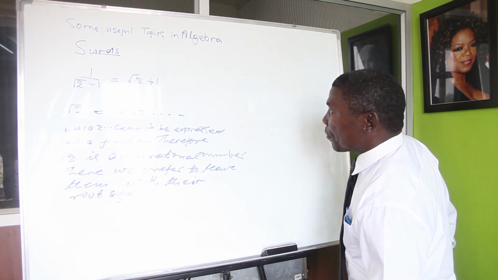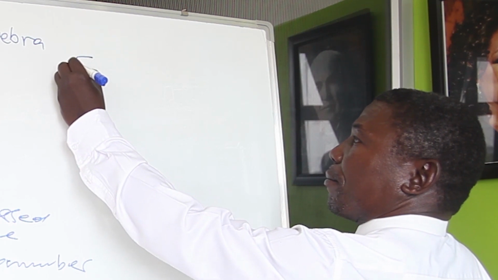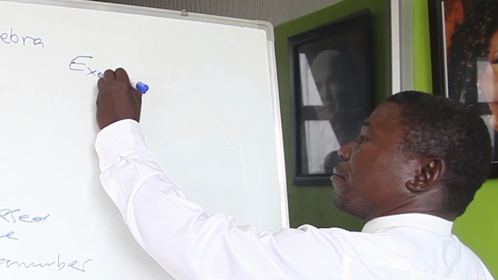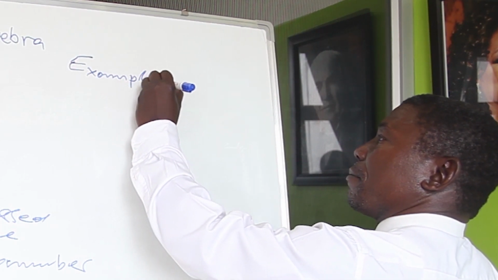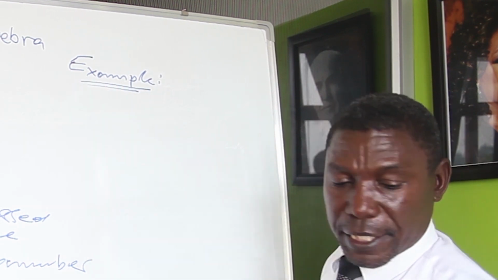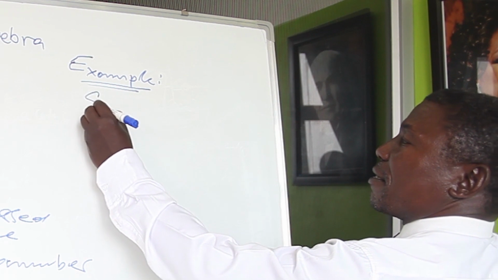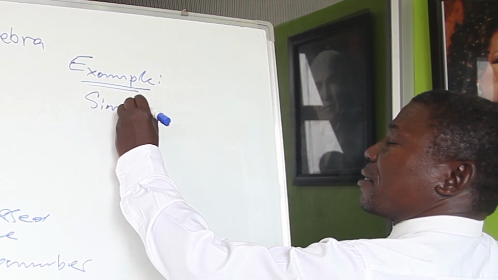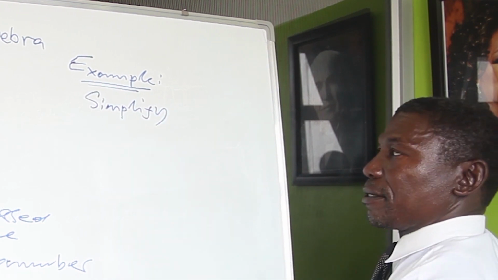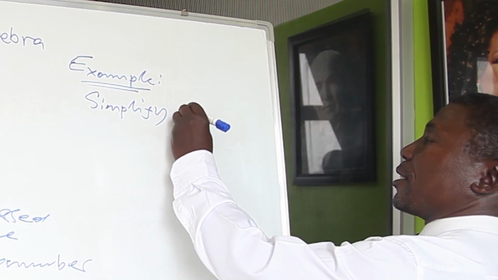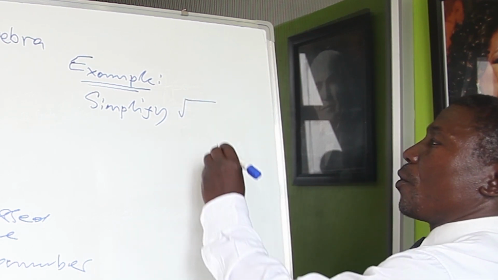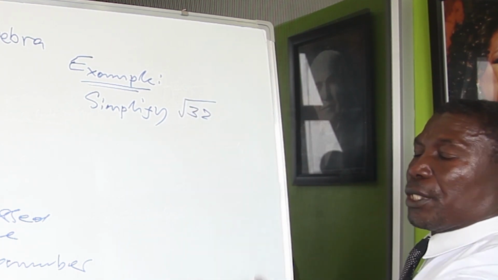Now, we can take the first example. They can say, simplify the square root of 32.